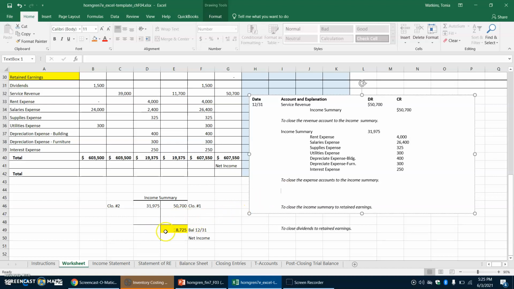So our debit would be income summary for that total net income amount, $18,725, and our credit would be retained earnings, $18,725. Okay, let me make my text box bigger.